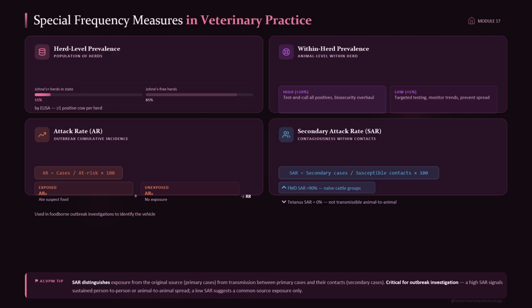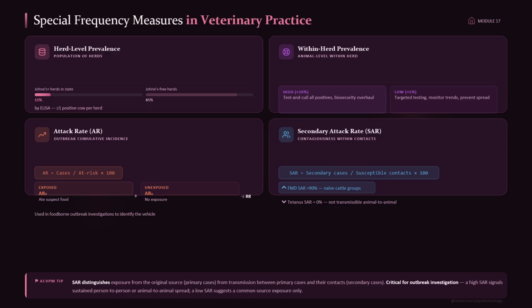It's the proportion of herds in a region that meets some infection threshold, often as simple as one positive cow by ELISA. On the slide, 15% of herds in the state are Johne's positive, 85% are free. That's the number that drives regional policy, trade restrictions, and eradication design.